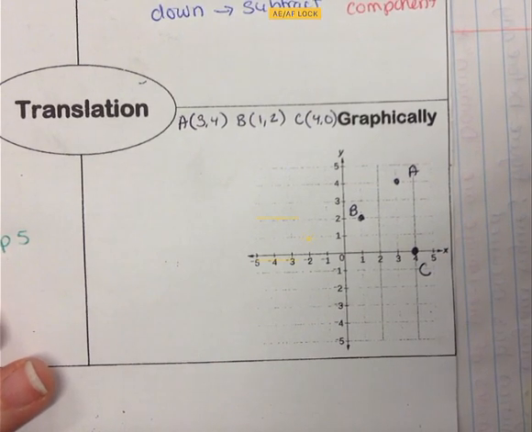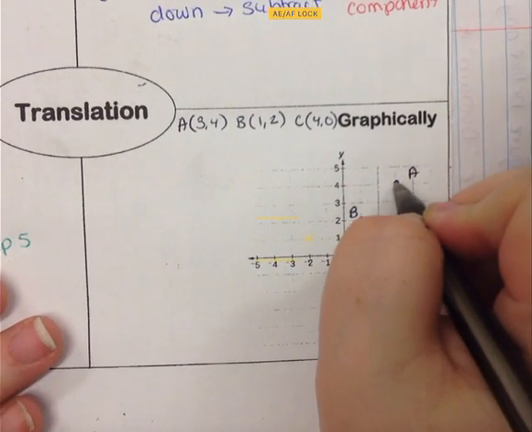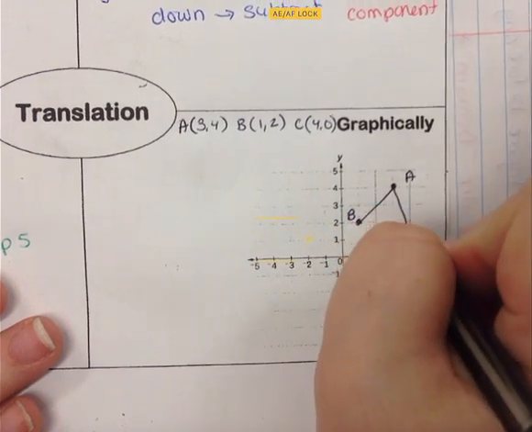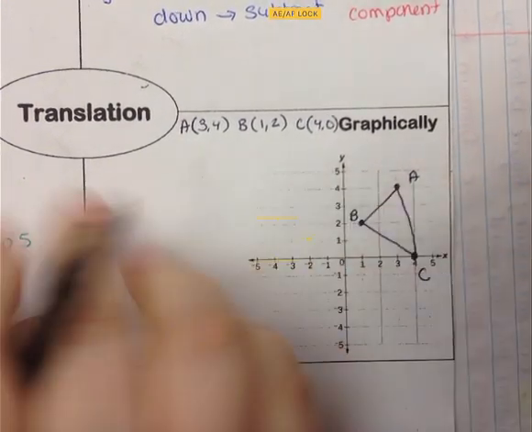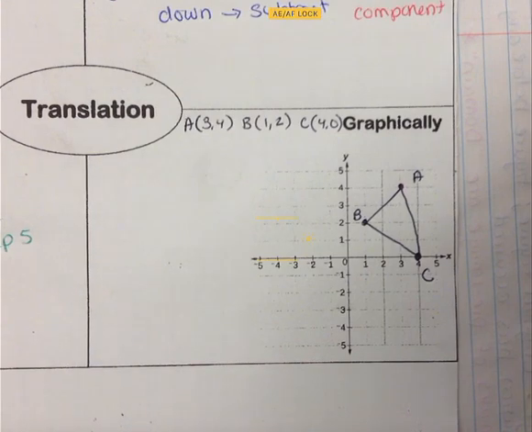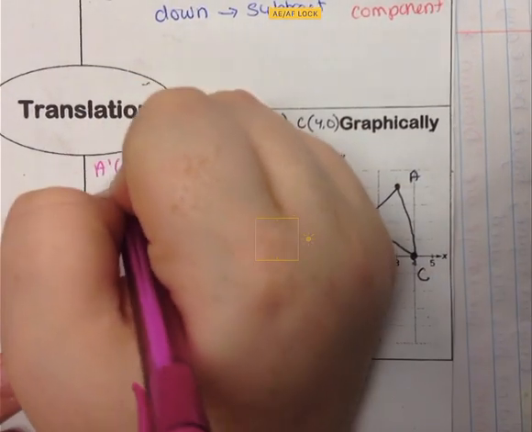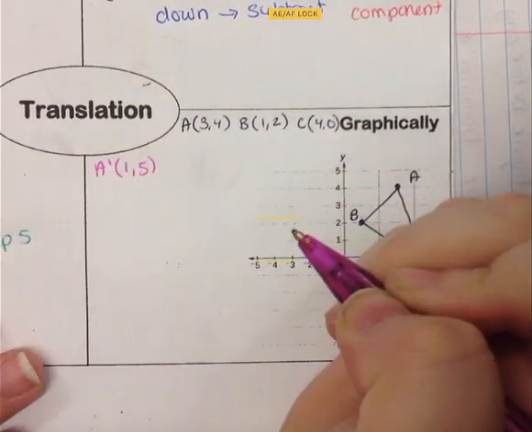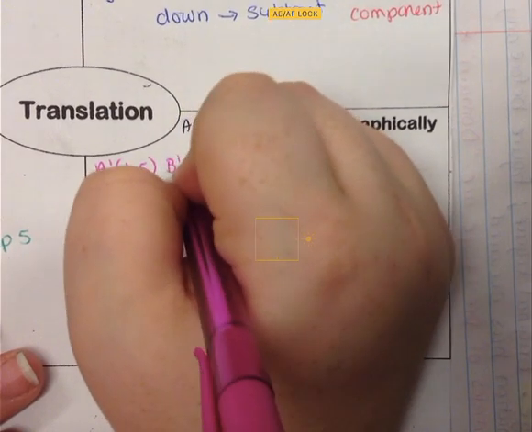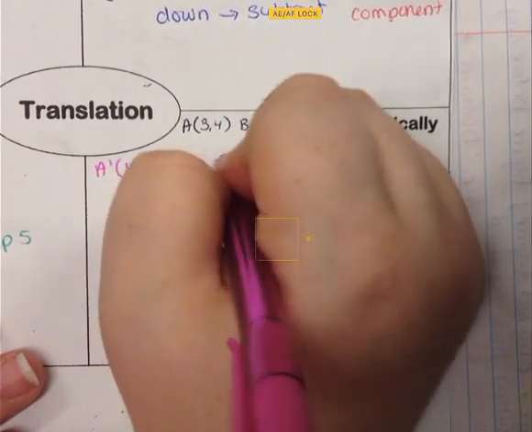Now, you can have multiple different types of rules here. So if I give the image coordinates, I'm going to ask what the rule is. So I'm going to give the image coordinates of A prime at 1, 5. B prime is at coordinate negative 1, 3.